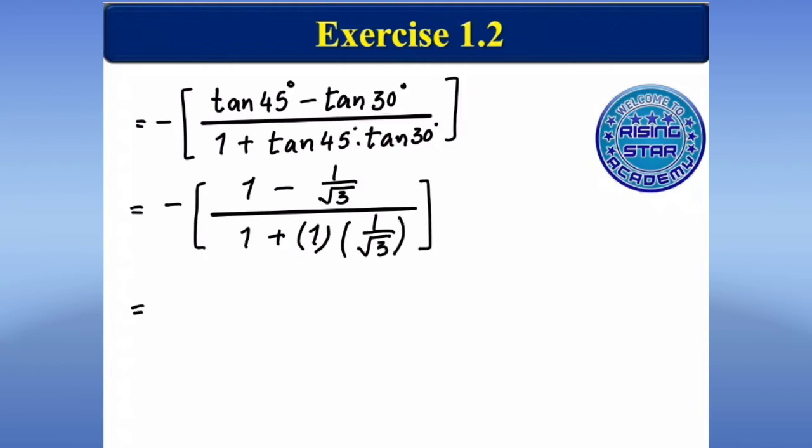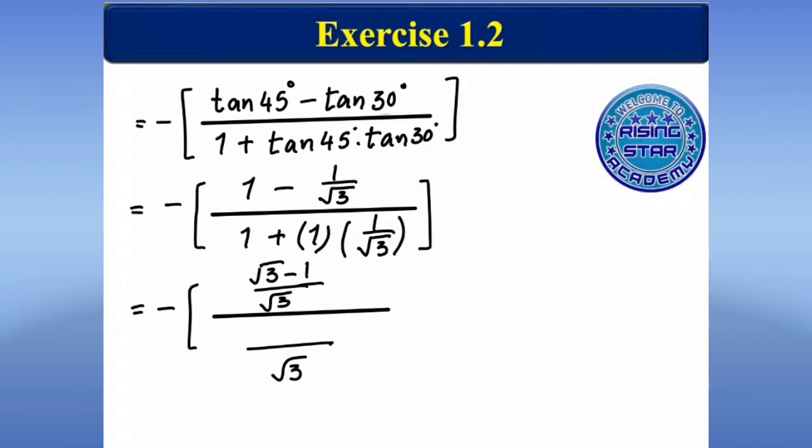Now we will take the LCM. So square root 3 would be the LCM. Now we have square root 3 minus 1 in the denominator. We also have the LCM as square root 3. So we have square root 3 plus 1.